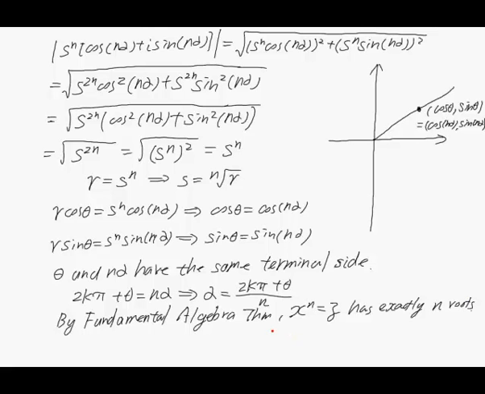So now we just need to let k equal to 0, 1 to n minus 1, let k be these n integers, then we can find the arguments of those n roots. Okay, and you may wonder, if we take k to be n or n plus 1, what will happen? Let's see. If I let k equal to n, let's see what we get.